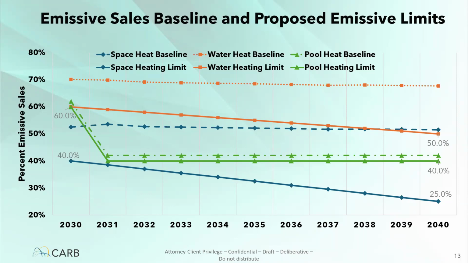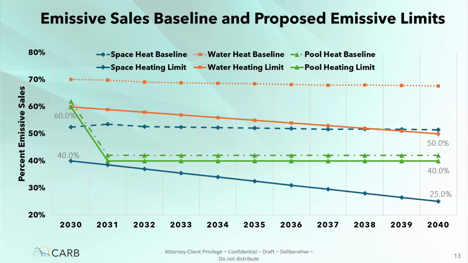Our equity analysis also examined how retrofit needs would vary based on income, building type, and building tenure. This helped us consider emissive sales limits that would still allow the most challenged buildings and resource-constrained households and businesses to still have access to emissive equipment when it's needed.